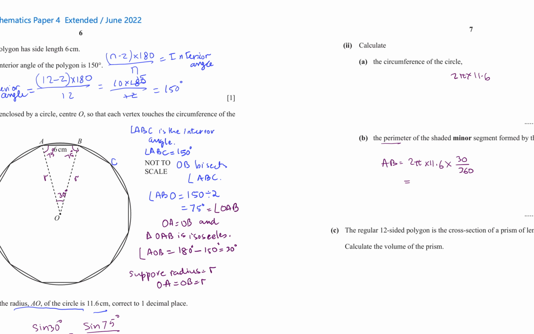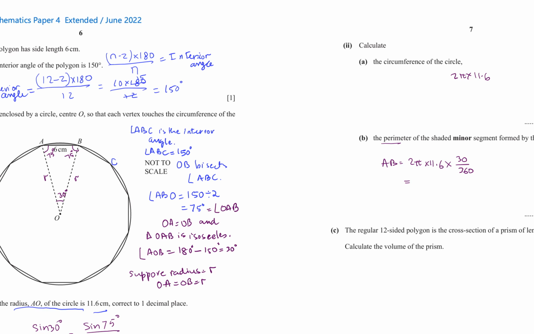So if I do 2 pi multiplied by 11.6, and that equals 72.8, of course, and then divide it by 12, I get 6.074 or 6.1.